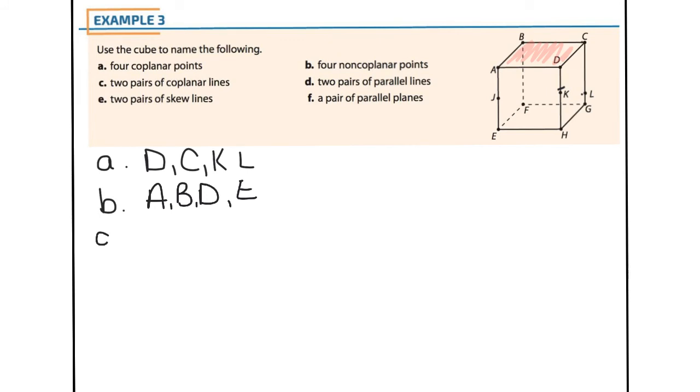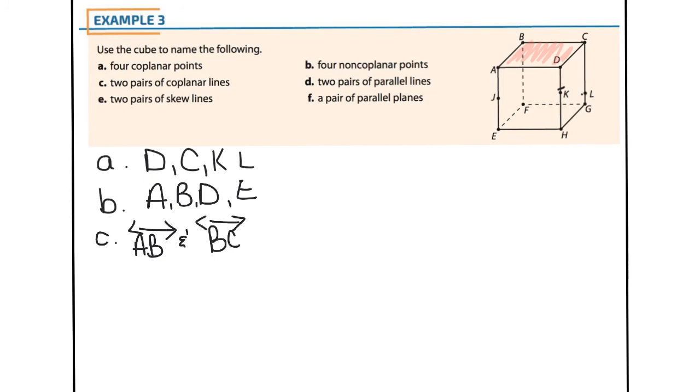C says 2 pairs of coplanar lines. That means lines that are in the same plane. Okay? So if there are 3 points in the plane, you could use those 3 points. So for example, line AB and line BC.